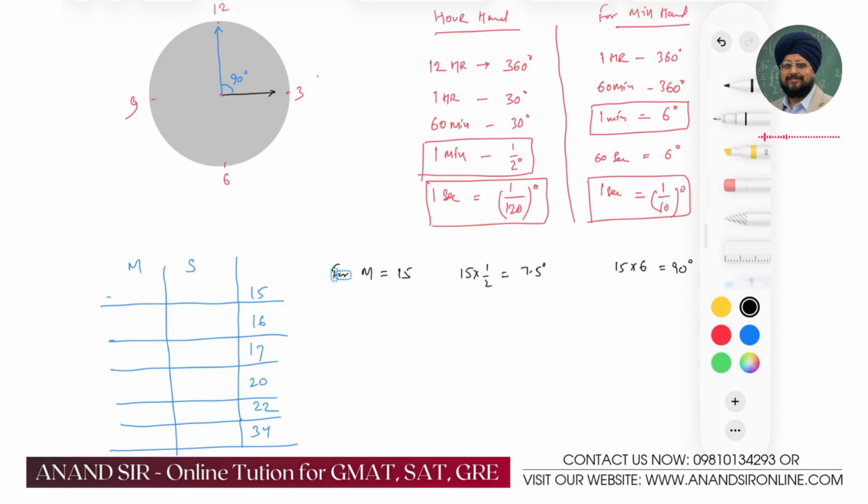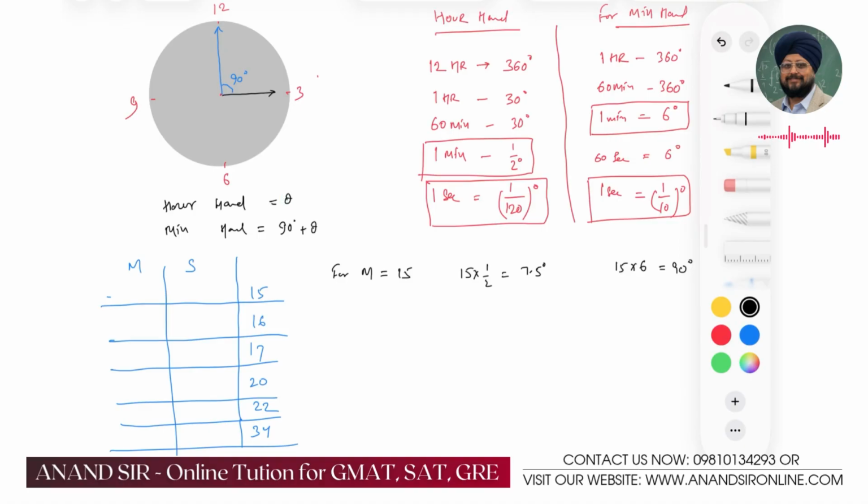But the difference should be, the hour hand is already 90 degrees ahead. At a difference of 90 degrees, means the minute hand should move 90 plus theta. If the hour hand moves angle theta, the minute hand should move 90 plus theta, right? Means it should be 90 degrees ahead.